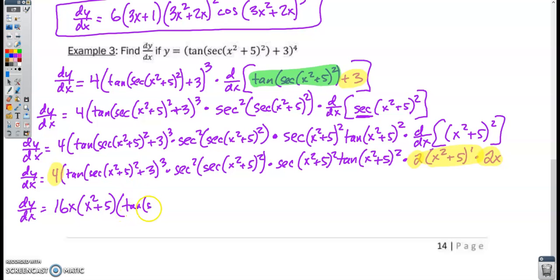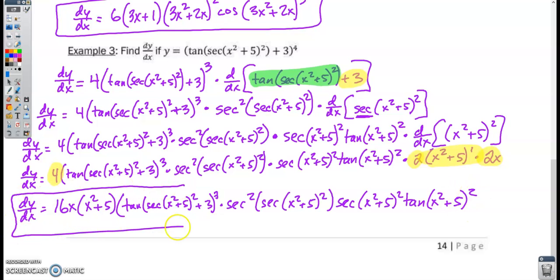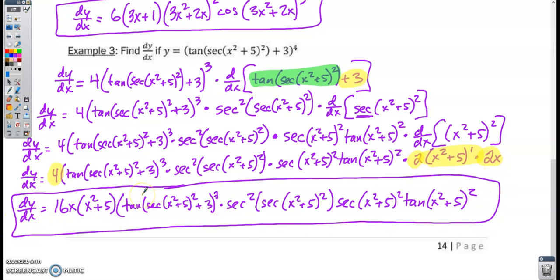So I'm just going to go ahead and copy it down in the order that it appears. And there we go. This is going to be our derivative of that original monster of a function. And the derivative is even more of a monster.